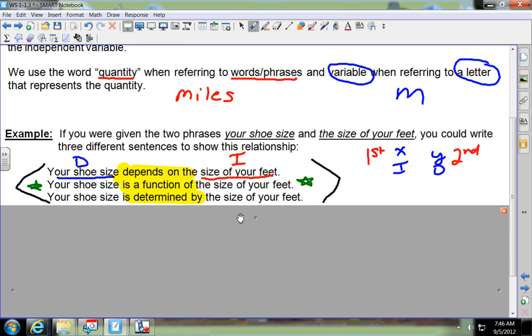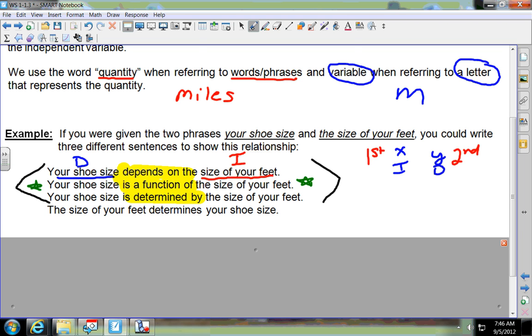Now, look at this next one. This next one uses the phrase determines. What do you notice about the words in it? What did we say the size of your feet was? The independent or the dependent? Independent, right? The independent is the thing that happens first.